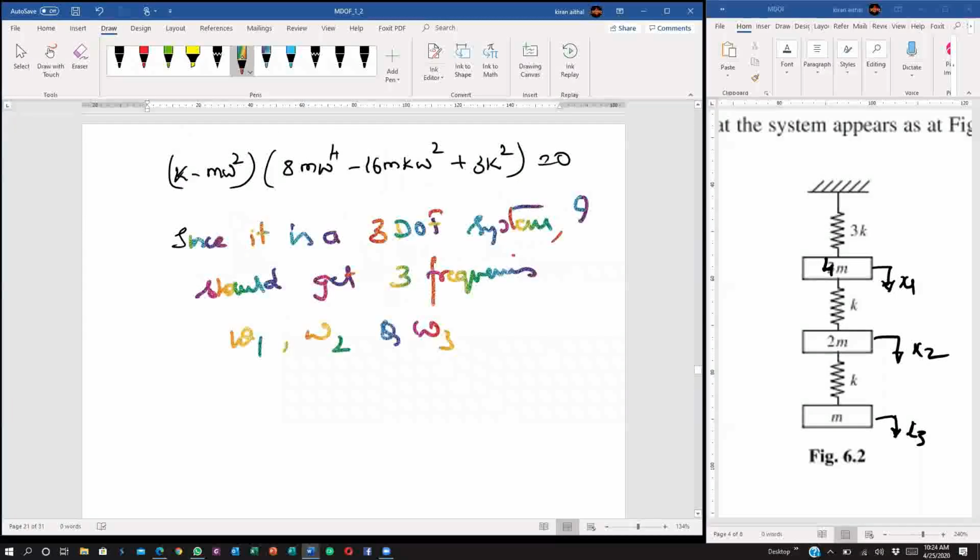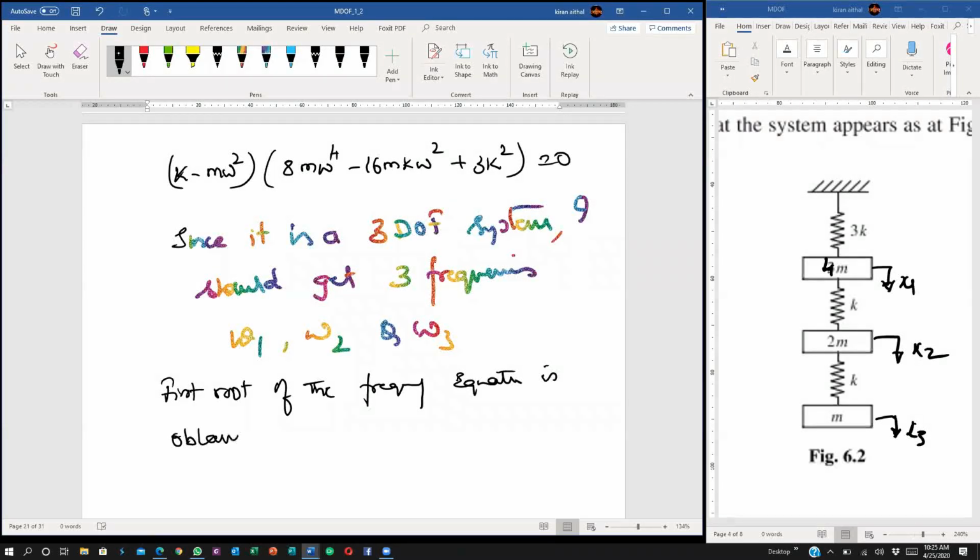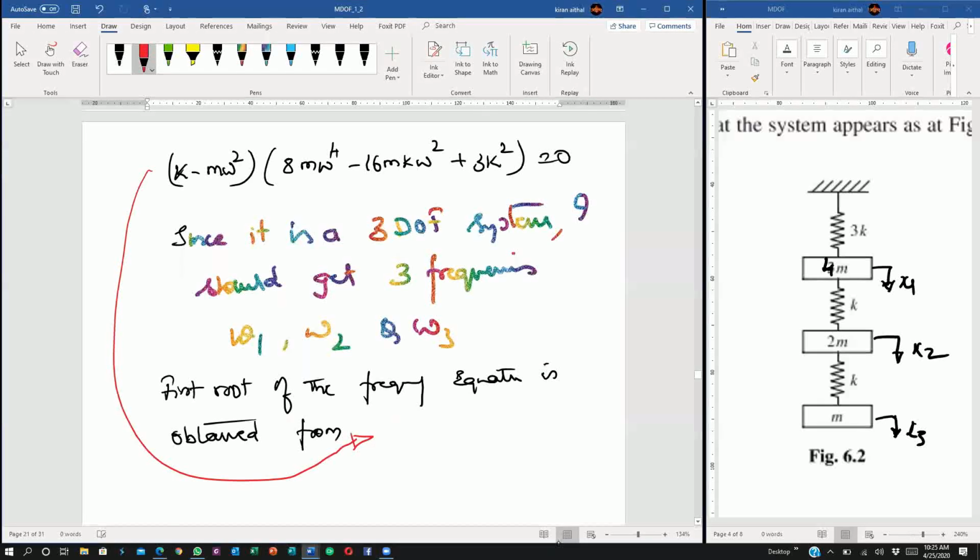So very simple. What I will do is, the first root of the frequency equation is obtained easily, you can check it out, correct? Which one?